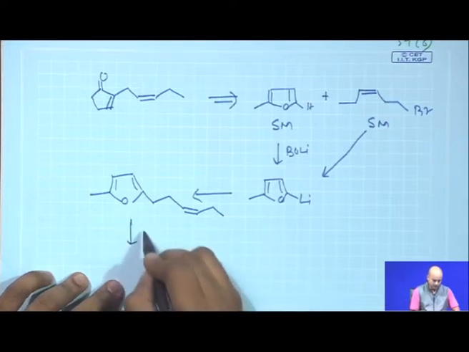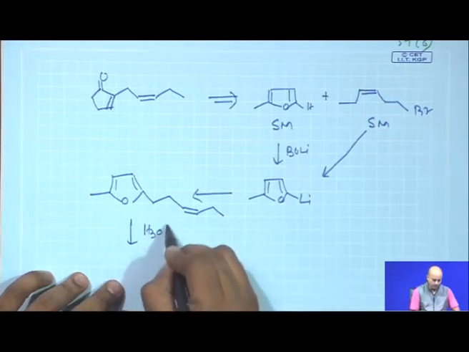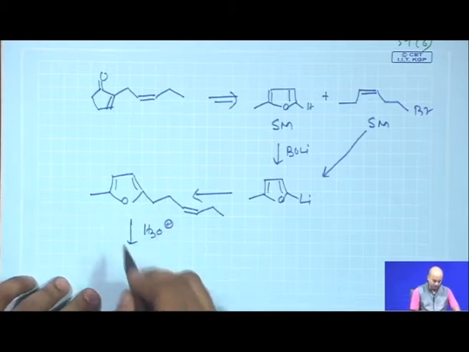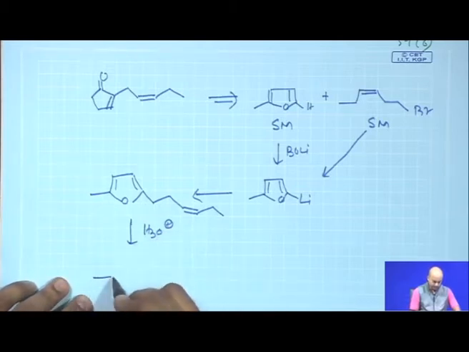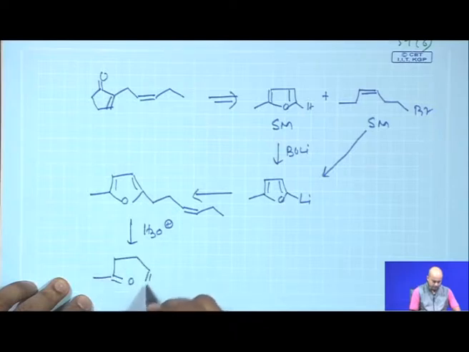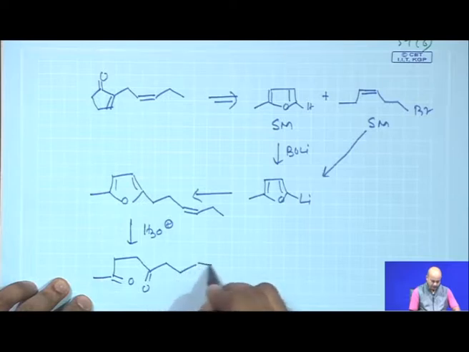Now, furan compounds can easily be opened up to a 1,4-dicarbonyl compound just by aqueous hydrolysis, and then you will find that you basically get this 1,4-dicarbonyl compound.